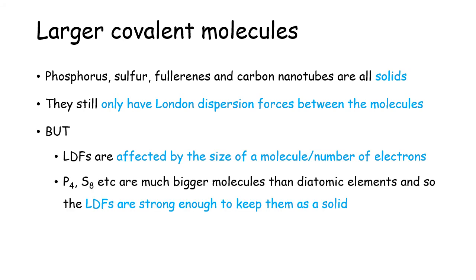In these molecules, because they are a lot bigger than diatomic elements, their London dispersion forces are a lot stronger, which means that the London dispersion forces actually allow them to exist as solids, but they will still have low melting and boiling points and can easily be turned into liquids.